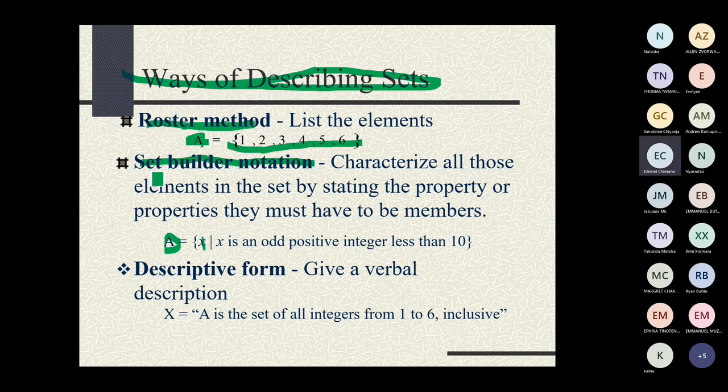This set A takes all the odd positive integers which are less than 10, starting from 0, or 0 is also considered, up to 9, because it says less than 10.